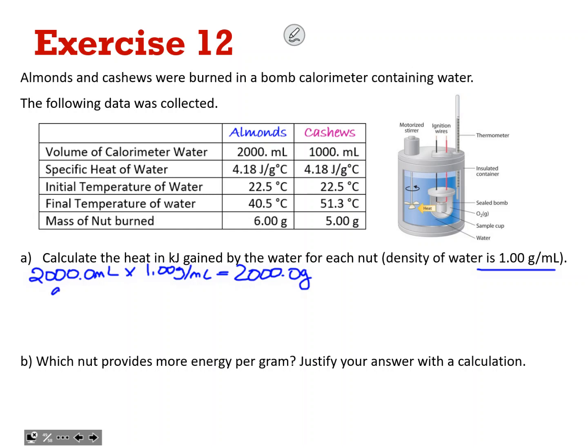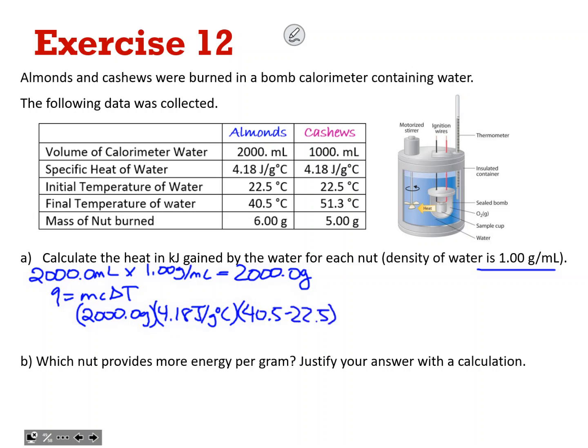All right, so we do our Q equals mcΔT here. And we have 2,000 times the specific heat. And the change in temperature is 40 minus 22.5 degrees Celsius. That gives us our Q. And this ends up being a large number.